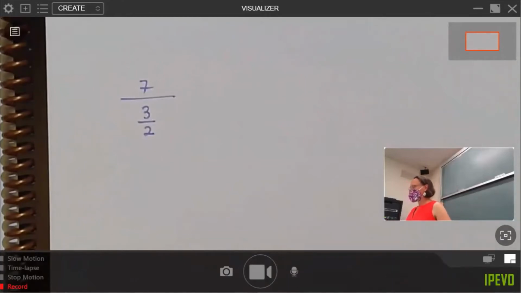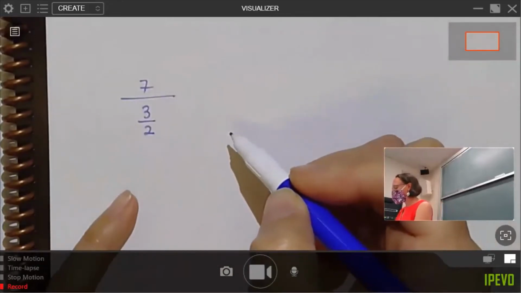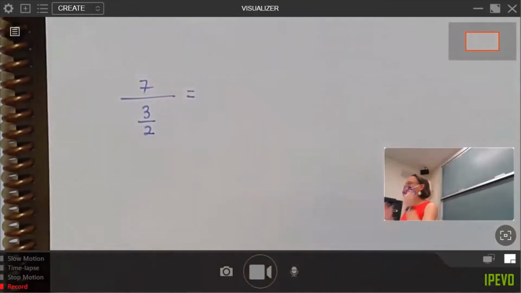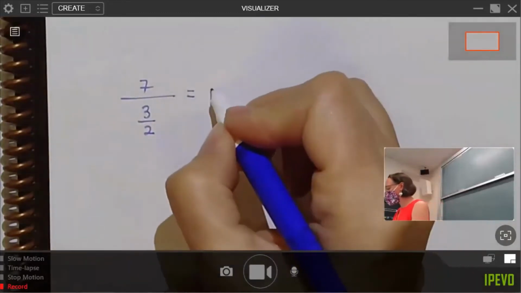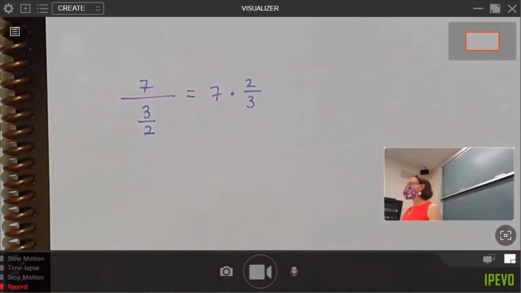A lot of people probably have somewhere in your memory something like, when you're dividing by a fraction, you flip and multiply. That is probably a thing that you could pull out of your memory somewhere.